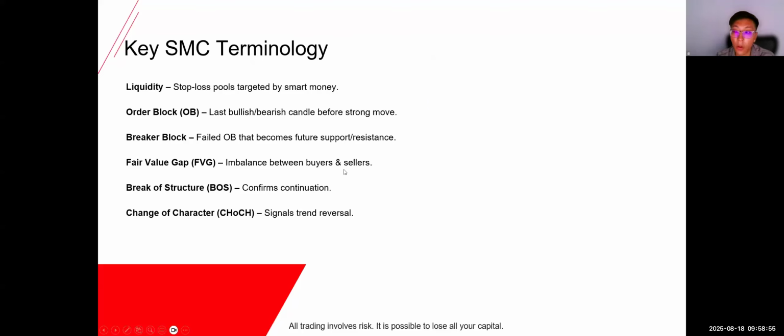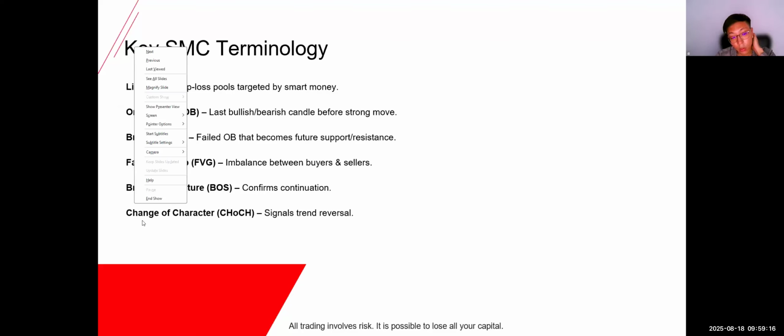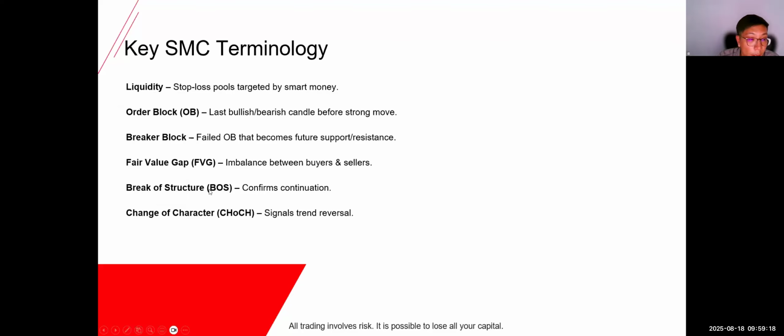So for key SMC terminology, you can see liquidity equals stop loss pools that are targeted by smart money. Just now, for the example, I showed you guys that there are different types of liquidity: the ones that have long wicks, and we also have equal lows or equal highs. Those are liquidity levels that are bound to be stopped out.